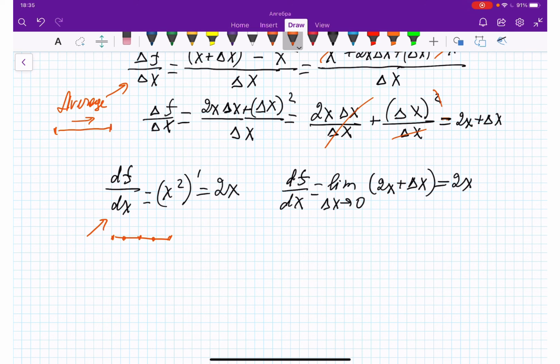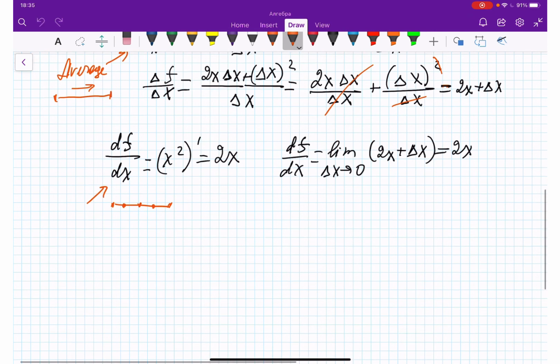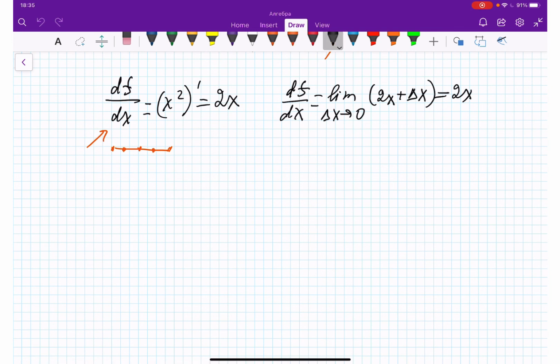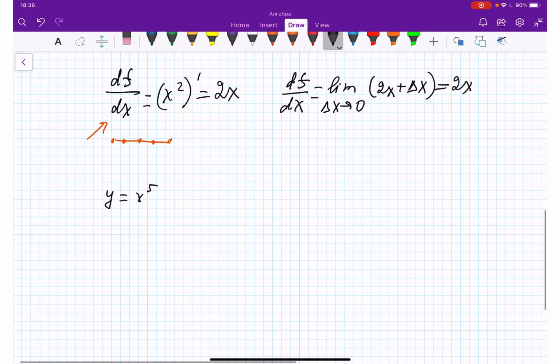Okay, now, besides the first derivative, we can take higher-order derivatives. Let's assume we have y equal to x to the power 5. I'm taking simple things because the derivative is not my primary focus, but the meaning of these higher-order derivatives is.